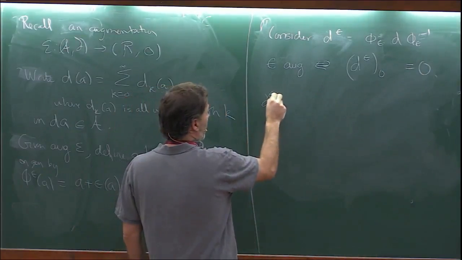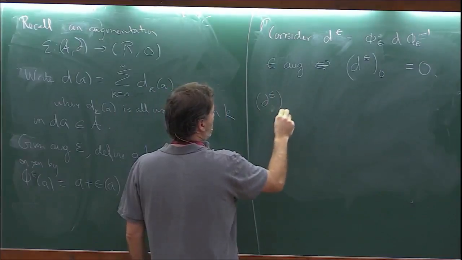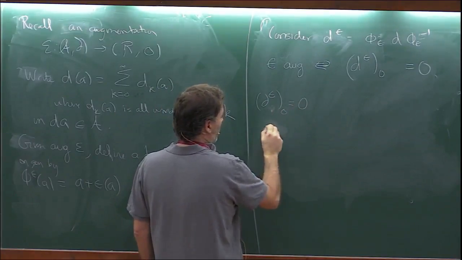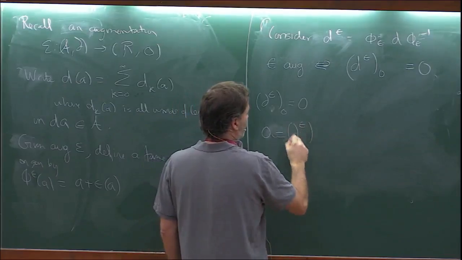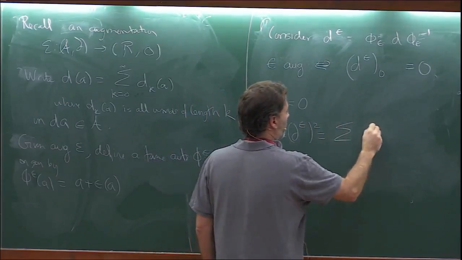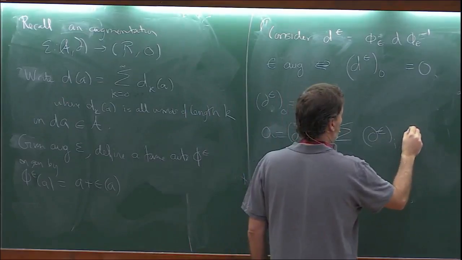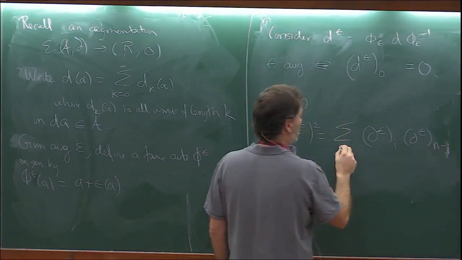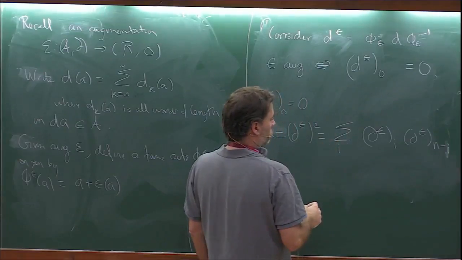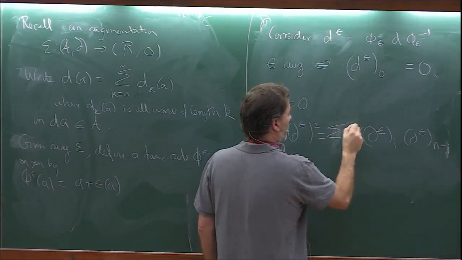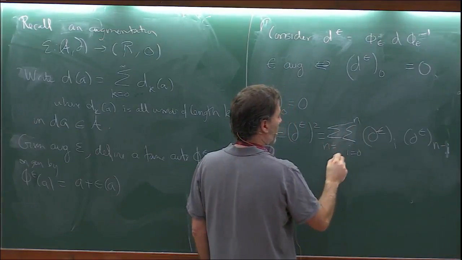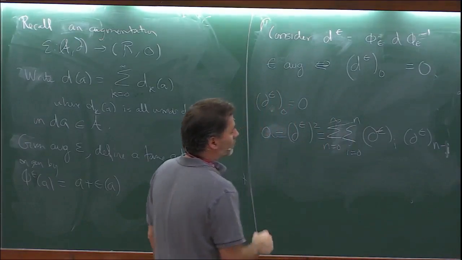And so if the 0th word is 0, there's no constant terms, then if you look at the square of this, and you write this down, i goes from 0 to n goes from 0 to infinity.